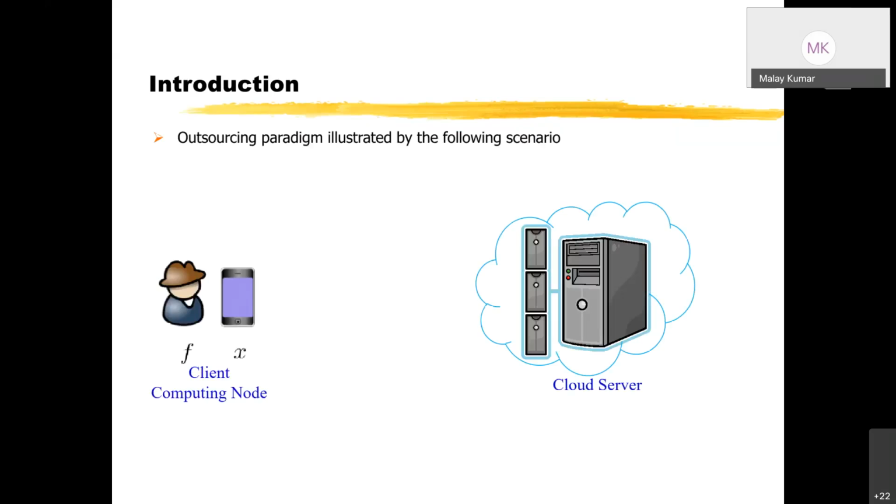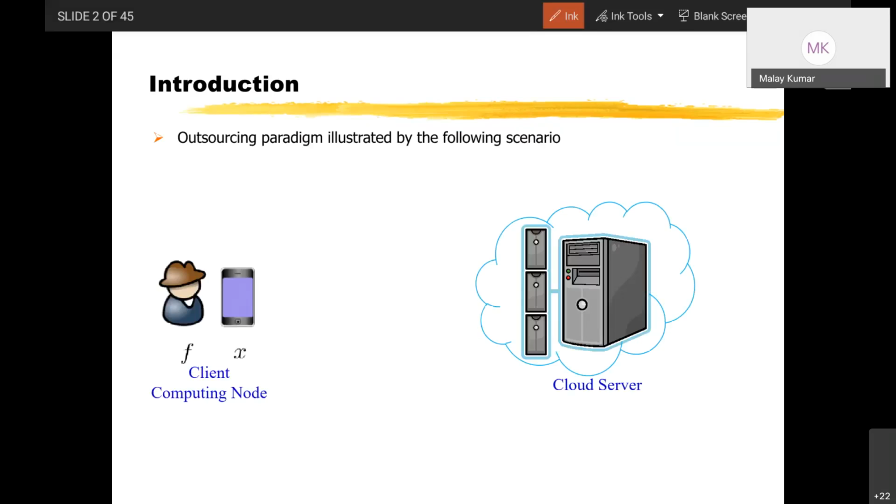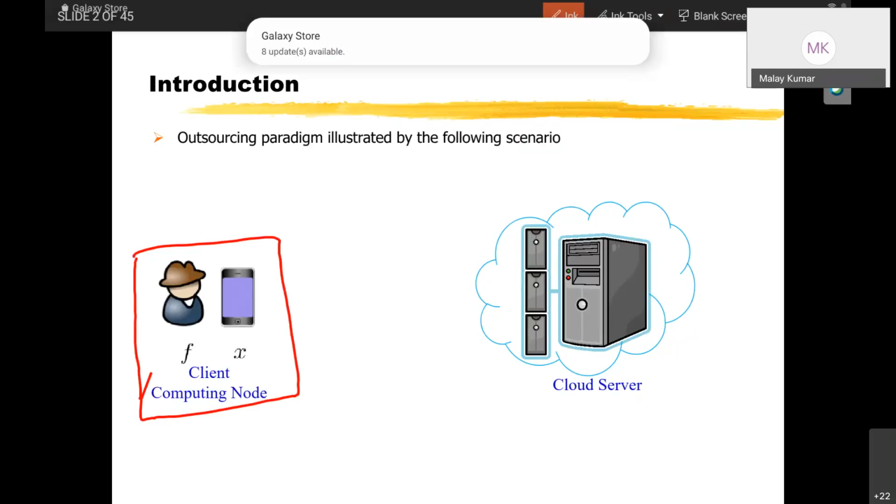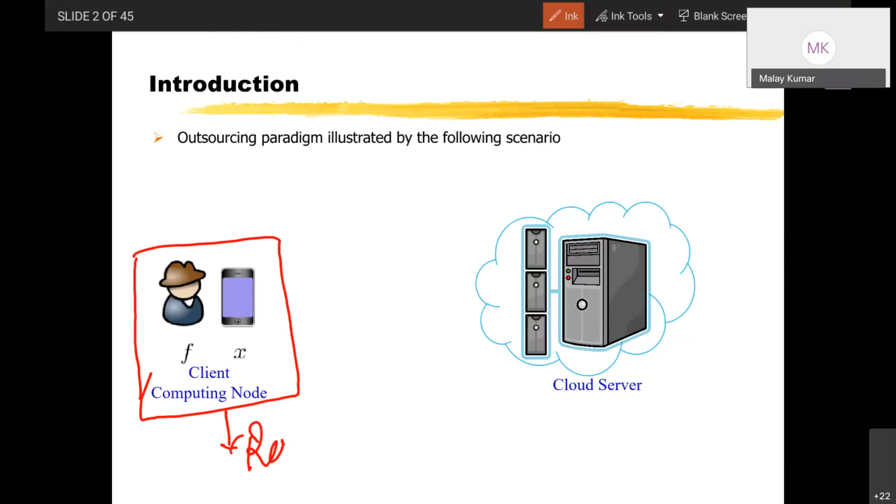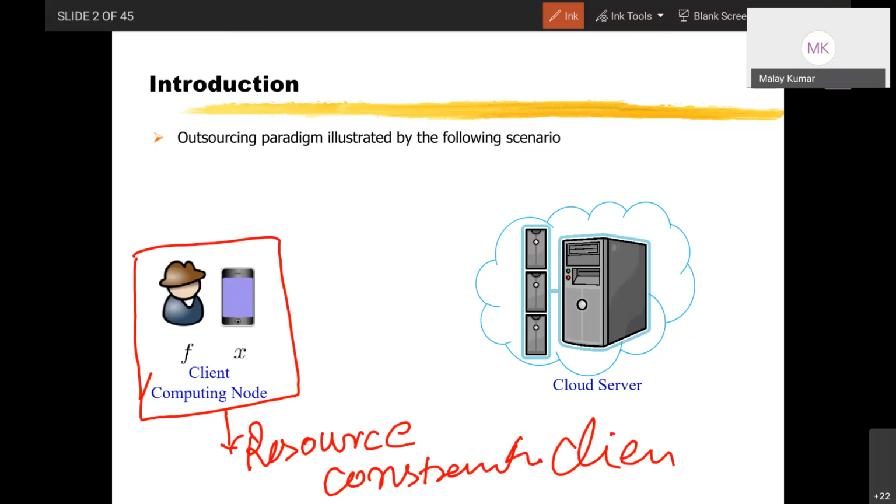So there is a client, and this client is a resource constrained client. Resource constrained means it has limited computation capabilities.